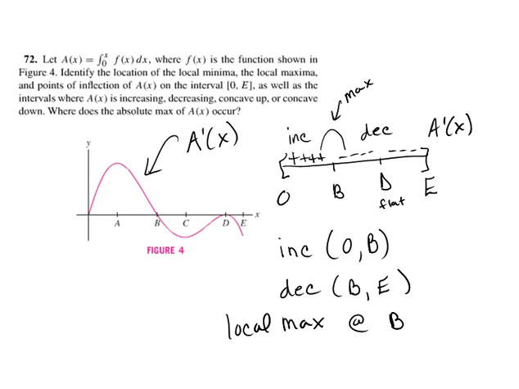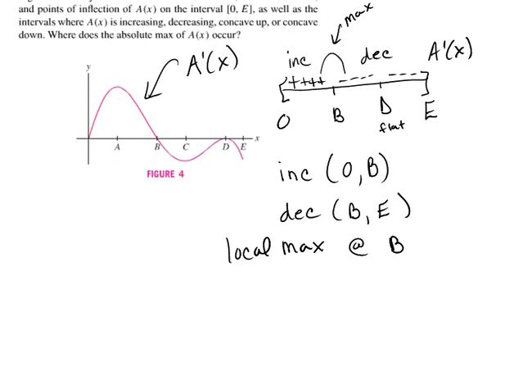Now the other place that we would need to check is the endpoints, whether we have an endpoint value that is a max, either 0, b, or e. So to check for absolute maxes, you need to look at the endpoints. So we want to figure out what A of 0 is, A of b, and then also A of e.